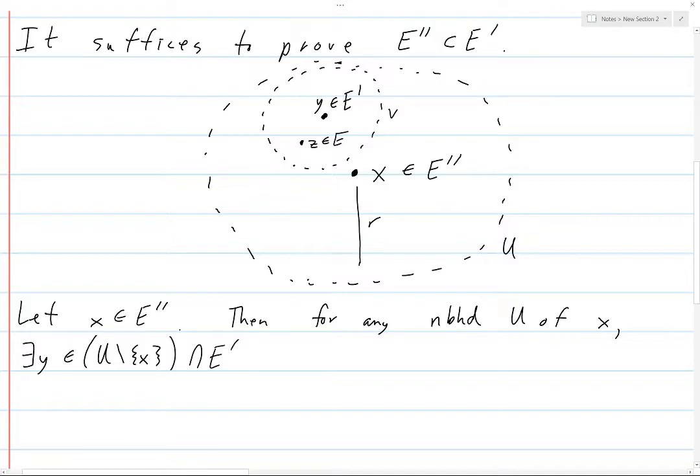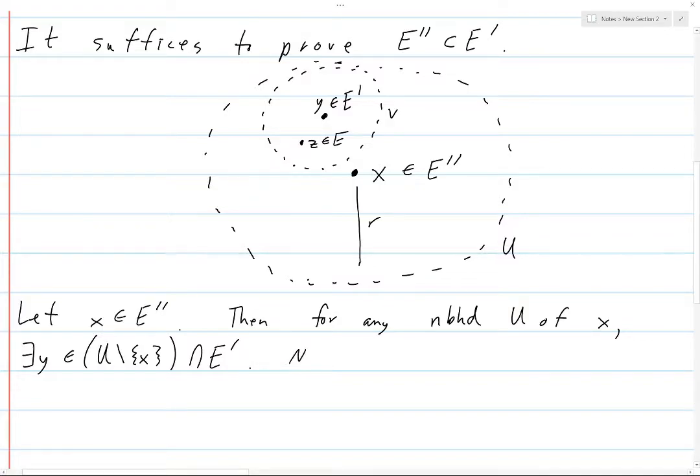So I'll write that as Y is contained in U minus X intersect with E prime. If you sort of break apart this notation, this is exactly what it means. This is exactly the type of element that you require for the definition of a limit point.